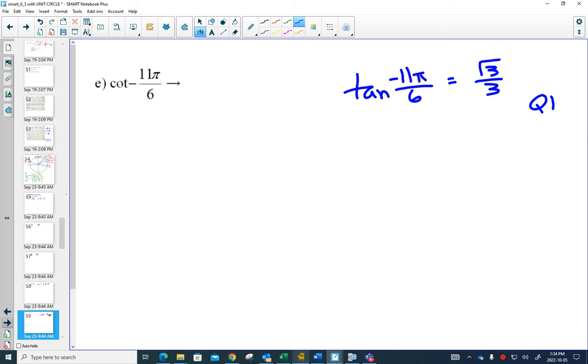If I start here and go in the positive direction, 11 pi over 6 is right here in quadrant 4. Now if you went 4 quadrants in the negative direction, 1, 2, 3, 4, negative 11 pi over 6 would have to end in quadrant 1. So I often think about the positive angles in the negative direction.